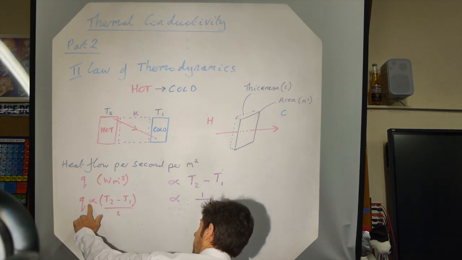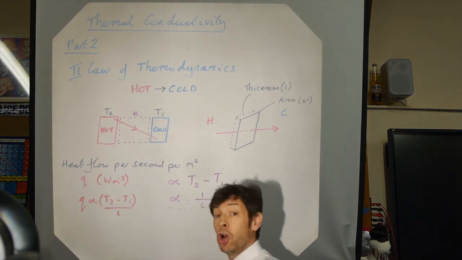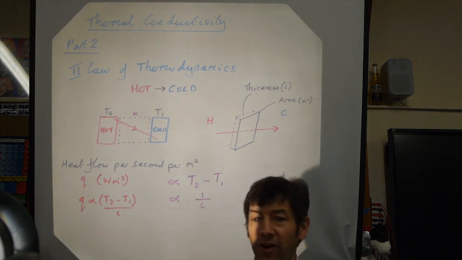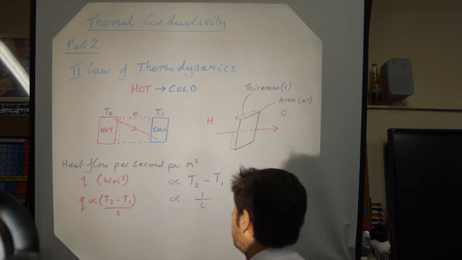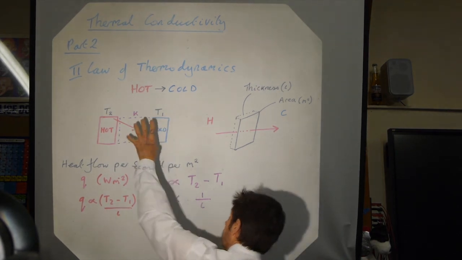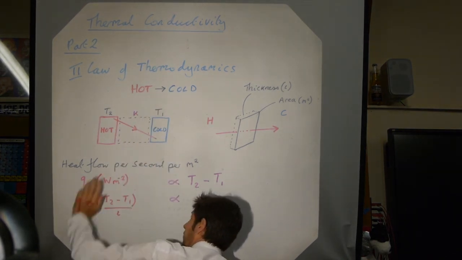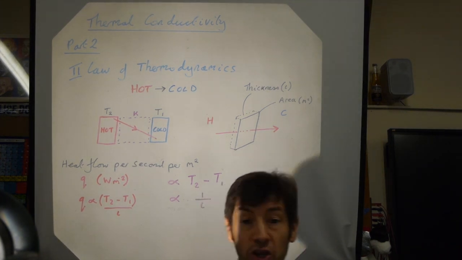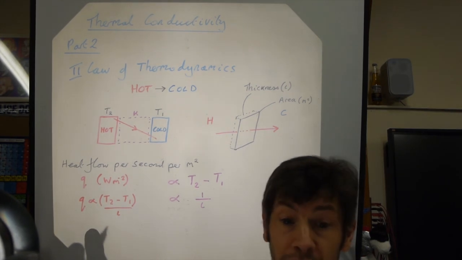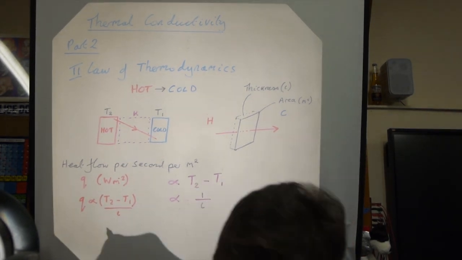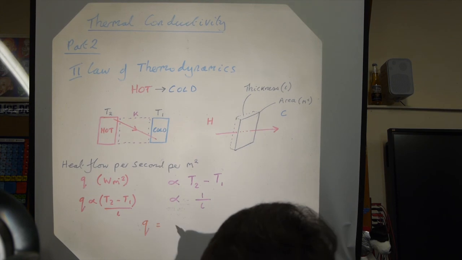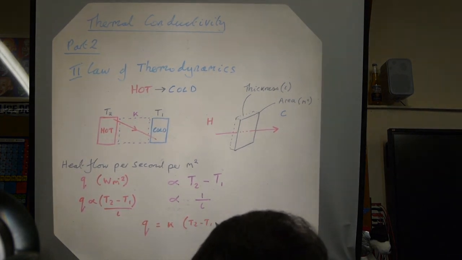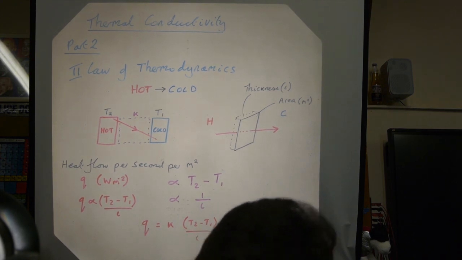We need to put equals in there, and there's something in here, a constant, that will make it equal. Ah, we're finally there. K, the constant. How good this material is at letting heat through it if we have a fixed amount, the thermal conductivity. So I'm going to rewrite this equation as Q equals K times T2 minus T1 upon L.